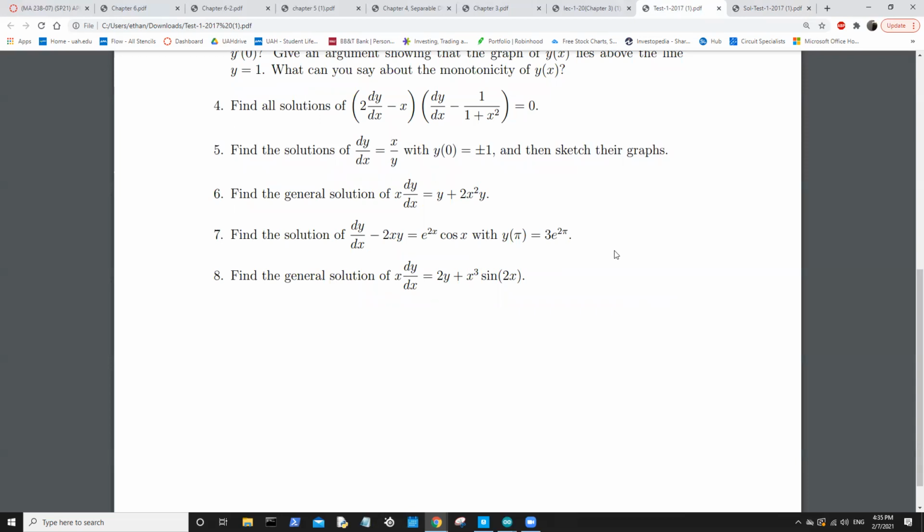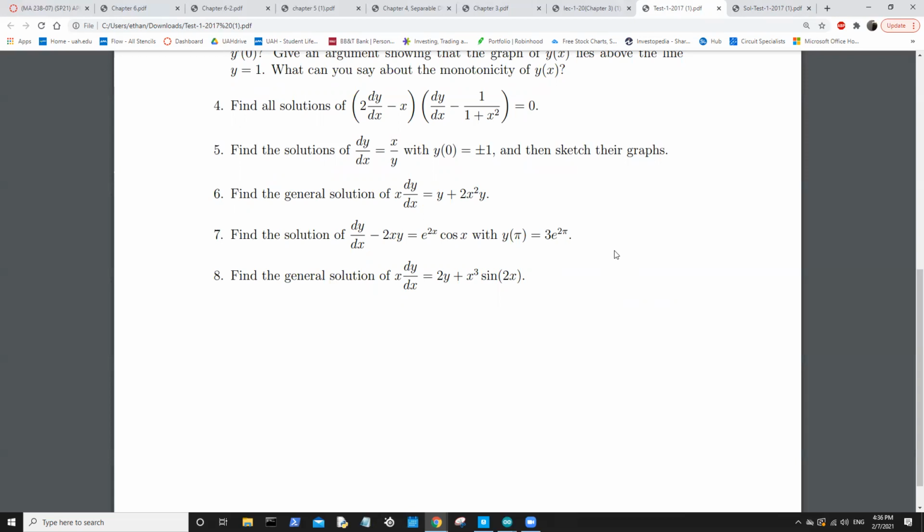I wonder if you'll give us a test breakdown. Yeah, I think the last two are linear. Yeah, it looks it. So we get to use my favorite integrating factor method. And we also have an initial value here, an initial value that's a little wacky because it's pi.